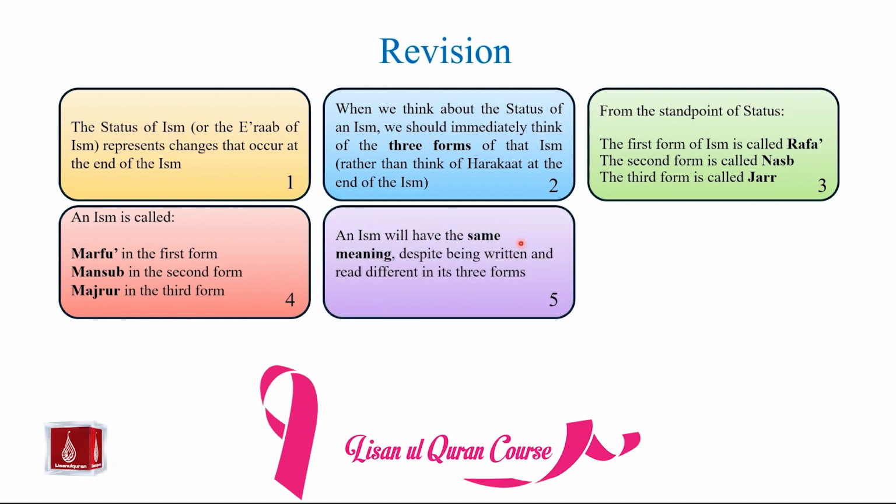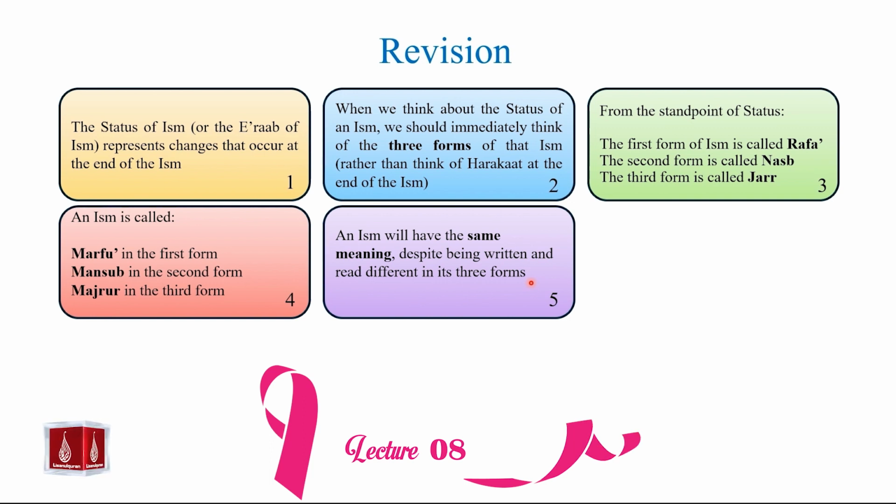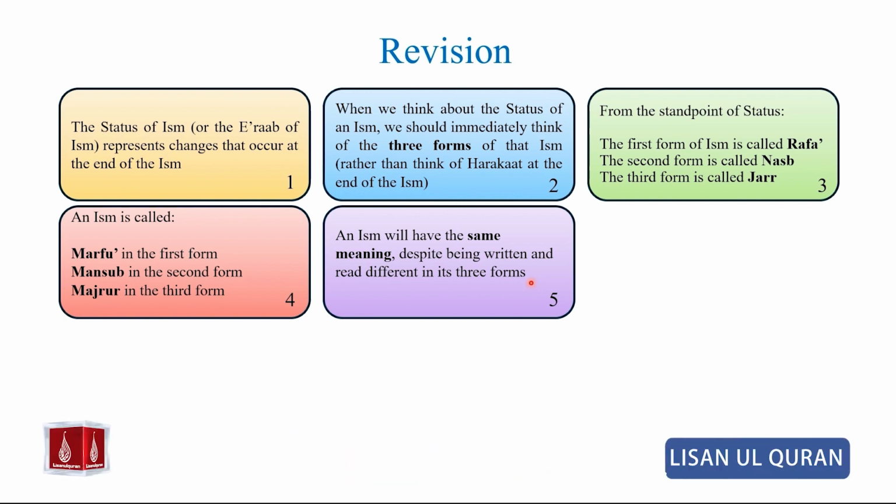An ism will have the same meaning despite being written and read differently in its three forms. For example, Muhammadun, Muhammadan, Muhammadin all refer to the same name. Zaidun, Zaidan, Zaidin all refer to the same name.